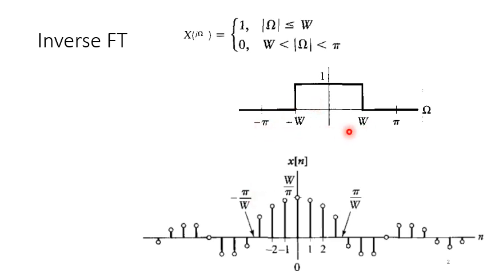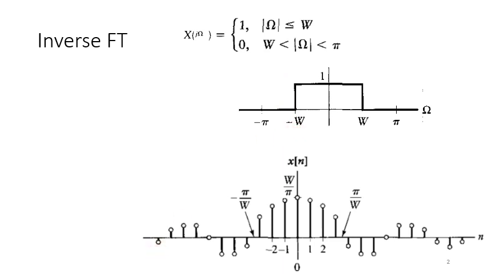It is defined as equal to 1 for absolute omega less than or equal to W and 0 otherwise. So let's find the Fourier inverse of this.